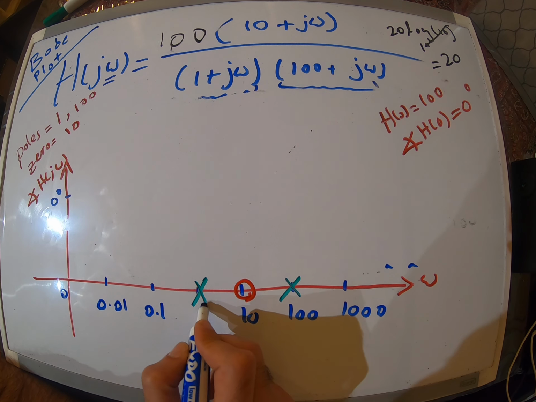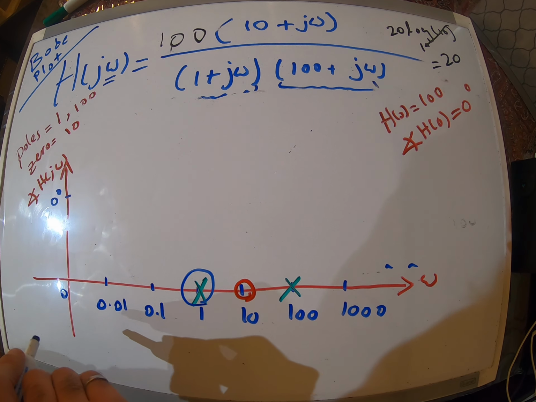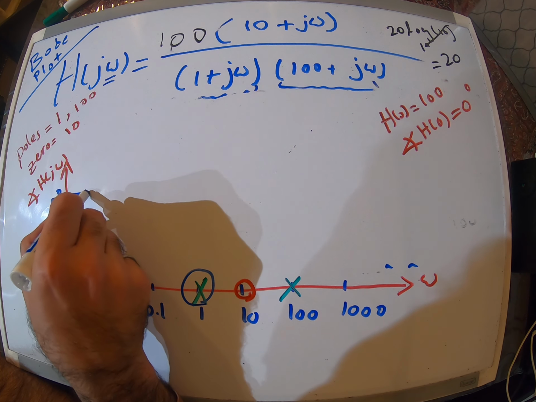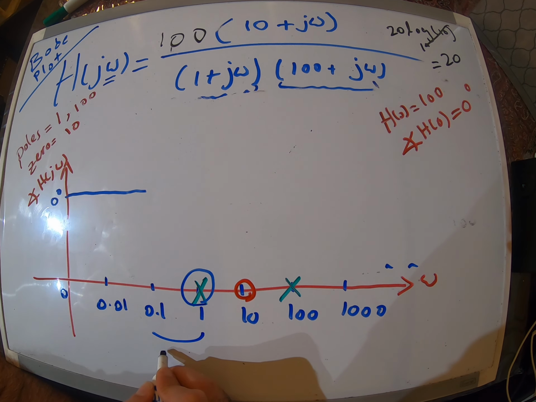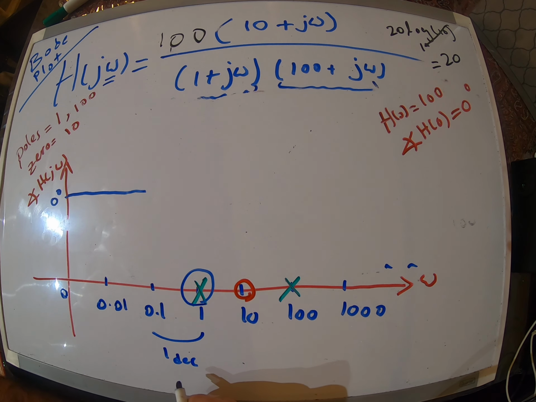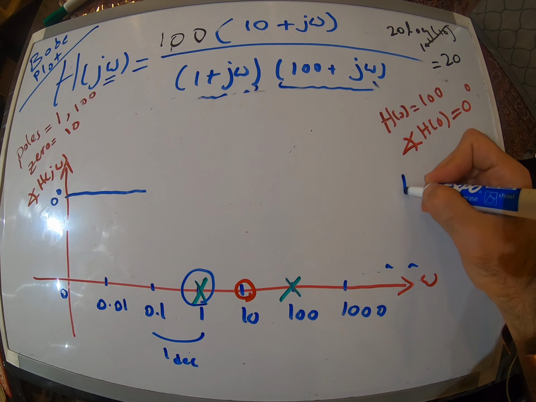Now we have a pole here. Okay, so I'm going to go here, but I'm going to stop 1 decade before the pole. 1 decade before the pole. Now, for the phase plot, I'm just going to write this.